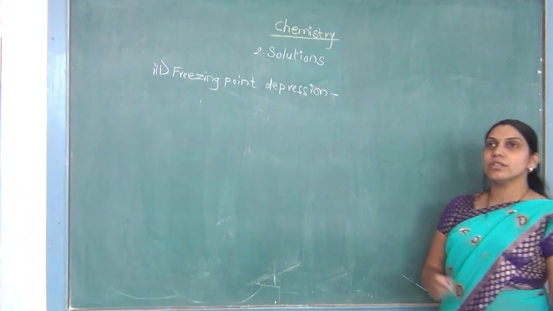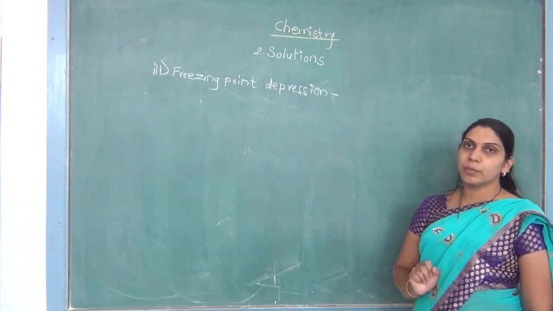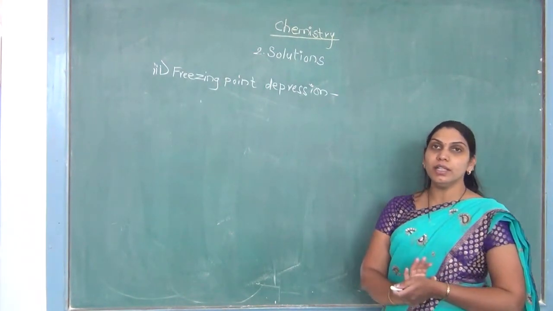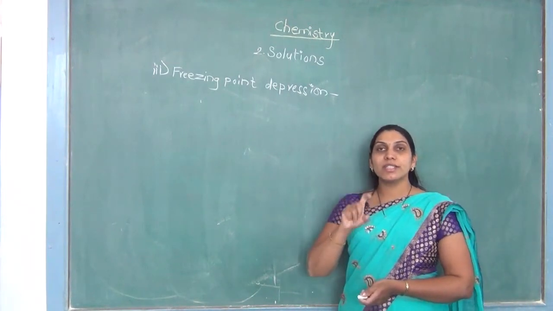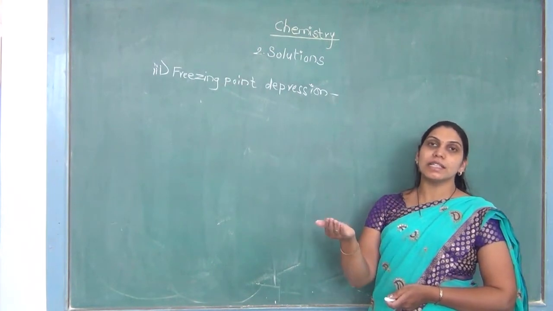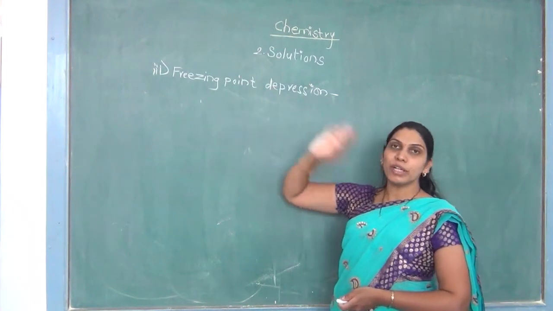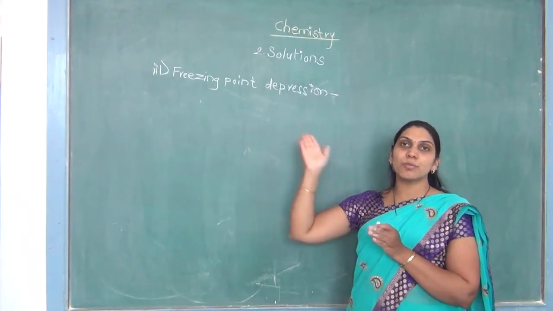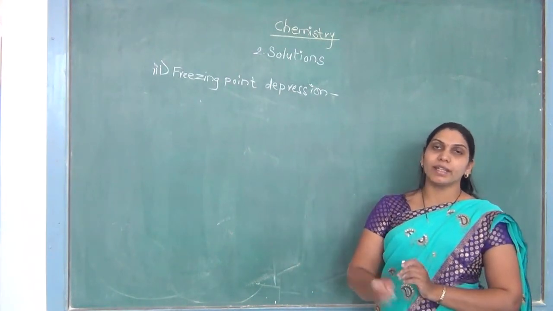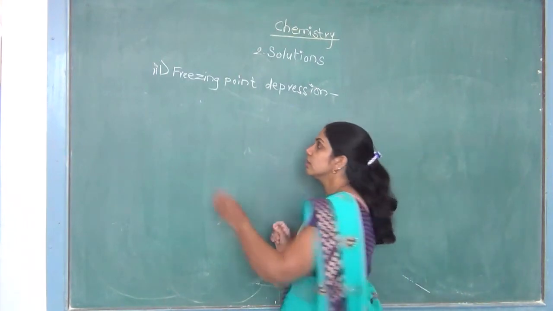Freezing point depression is a colligative property which is also related to the vapor pressure lowering. When we were studying the colligative property boiling point elevation, we saw graphically how the boiling point of the solution increases due to changes in vapor pressure. Similarly, in freezing point depression, we will be studying this property with respect to the vapor pressure lowering, and for that we will study a graph.